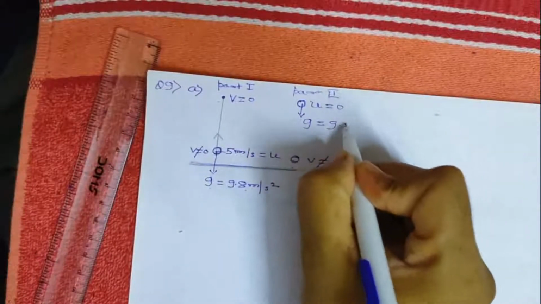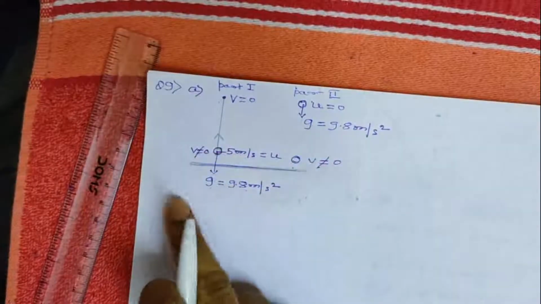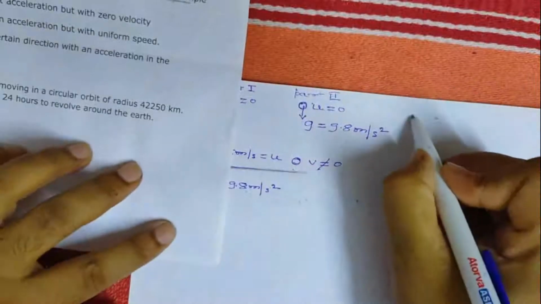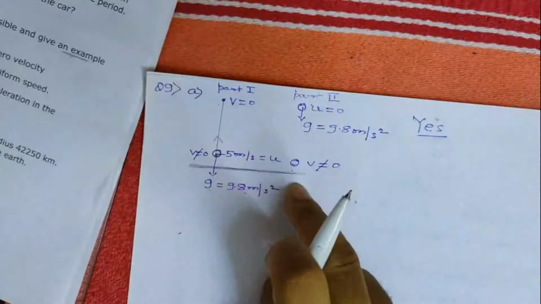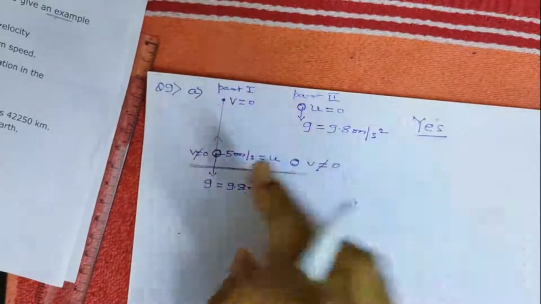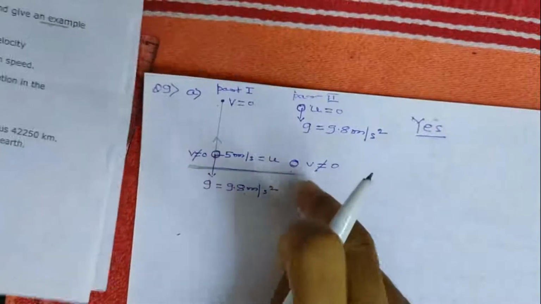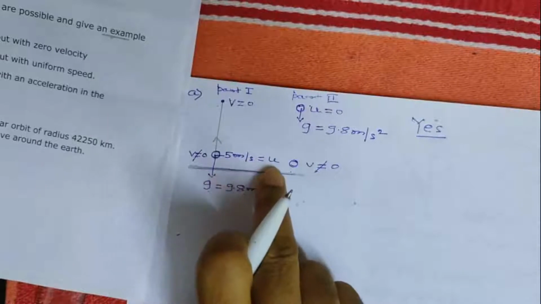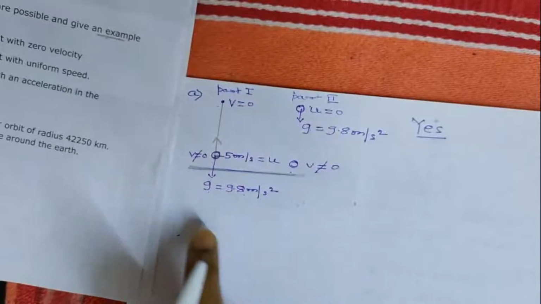So the value of acceleration is constant in both the cases, but velocity is 0 at one stage. Yes, it is possible. So the answer is yes, it is possible, and you can give this particular example. Throwing a ball upward, upward motion and downward motion. During both the parts, at one stage the velocity is 0, right? But there is acceleration which is constant, 9.8 meter per second square.